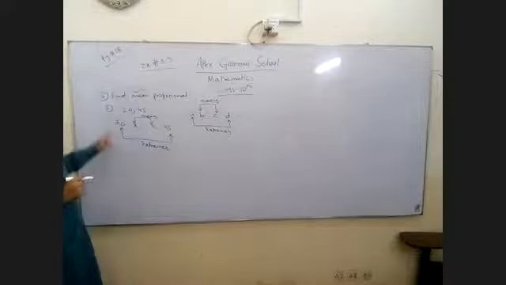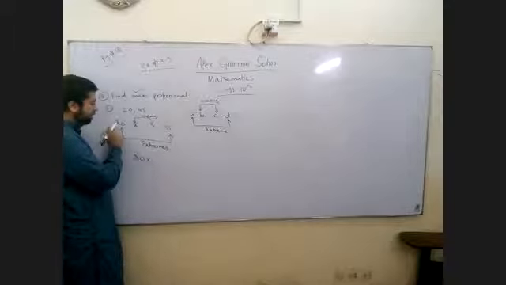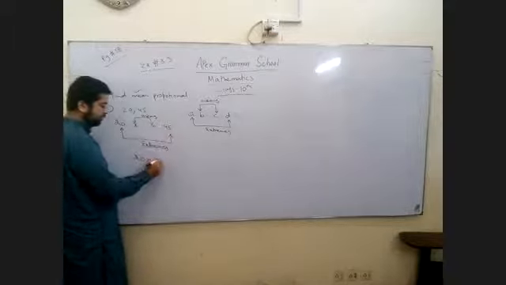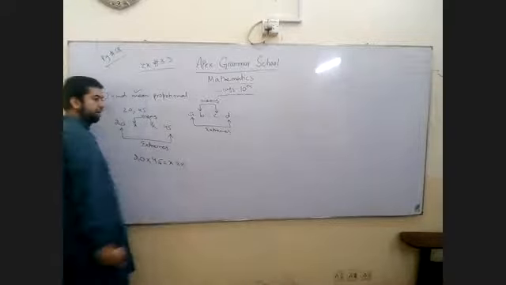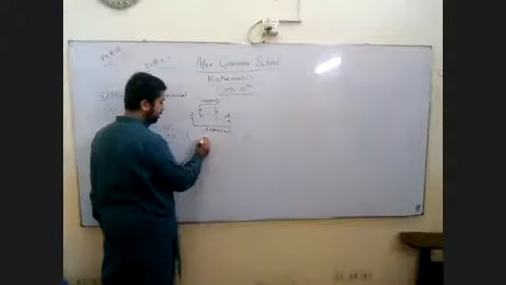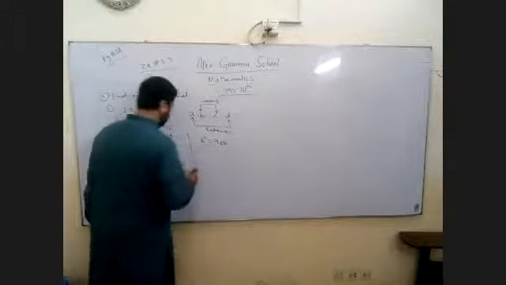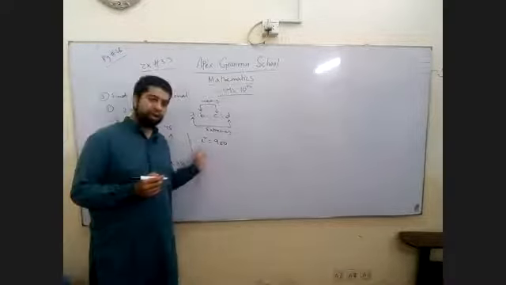You know that the product of extremes, 20 multiplied by 45, is equal to the product of means, x multiplied by x. 20 multiplied by 45 is 900, equal to x squared.